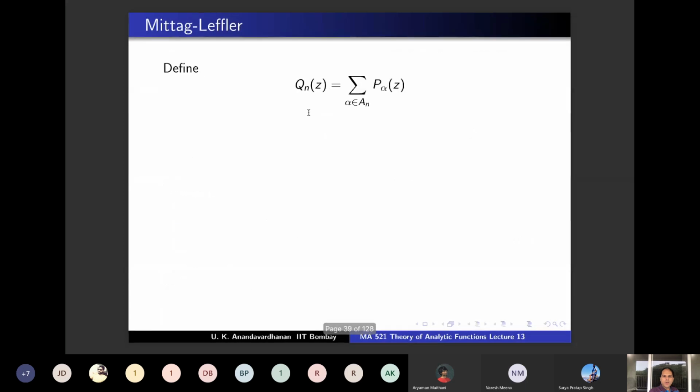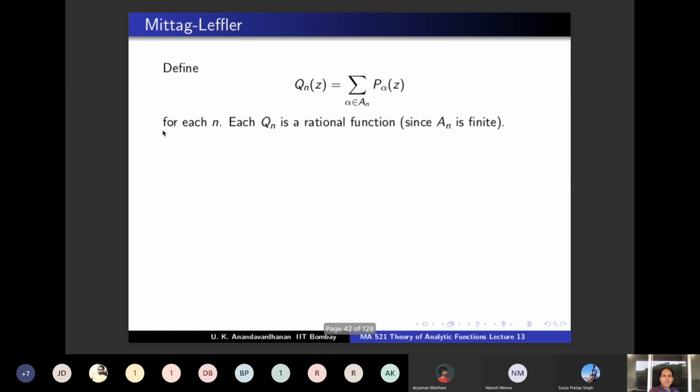P alpha is a summand in Qn, right? So if you take Q1 plus etc. plus Qn, in which P alpha is coming once, all other poles are different from alpha, right? In Qn, poles are at alpha precisely for the term P alpha.